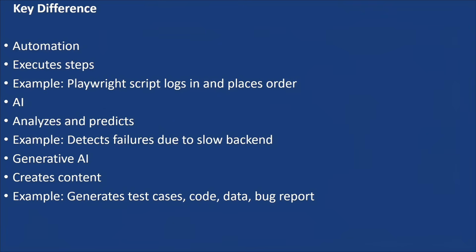For example, it will write a Playwright script that logs in and places an order. AI will help you in analyzing and predicting, like detecting failures due to a slow backend. But generative AI helps you in creating content: generating test cases, code, data, and a bug report for you.